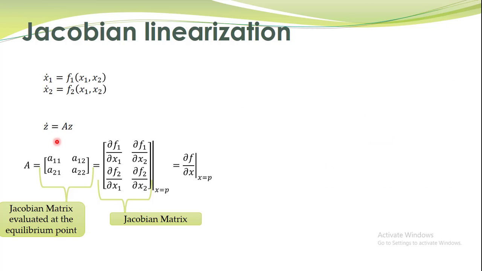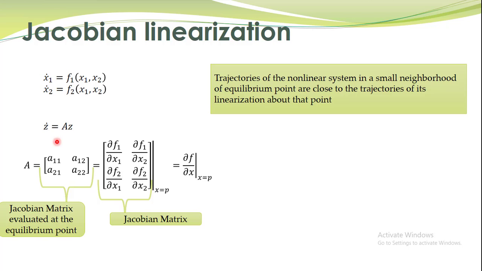For linear systems, you already remember that qualitative behavior can be described by the eigenvalues of the system matrix, and the near equilibrium point behavior of this nonlinear system can be described from the behavior of this linear system. However, that behavior will be applicable near the equilibrium point.